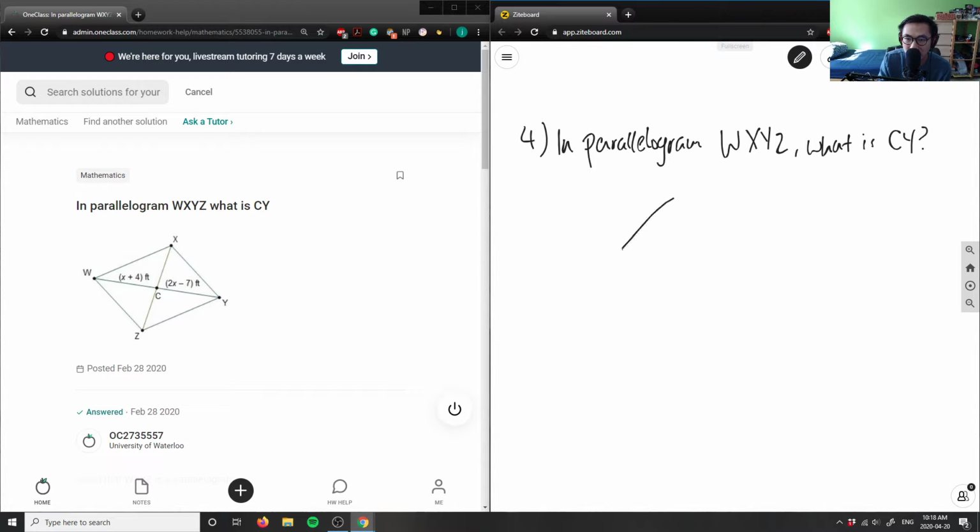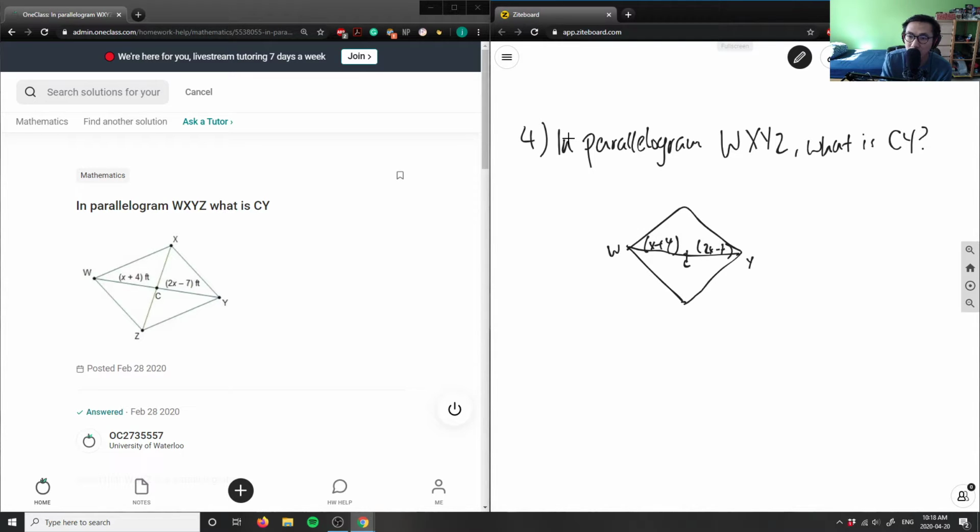I don't know if I can draw this nicely, but I will try my best. All right, that's the best I'm gonna do. This is the point from the center, C, and this is Y. This here is W, and from here to here is x plus 4, and from here to here is 2x minus 7.